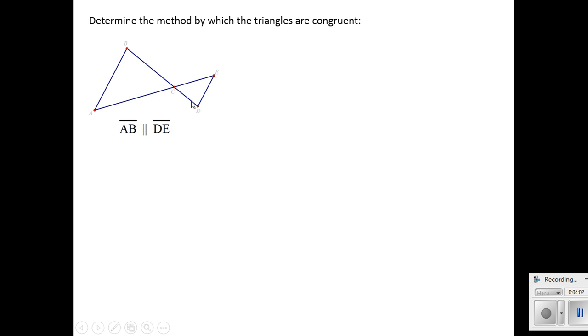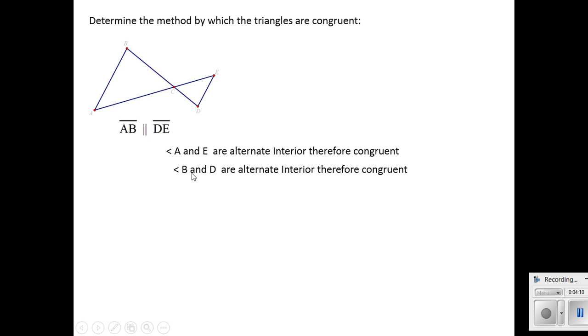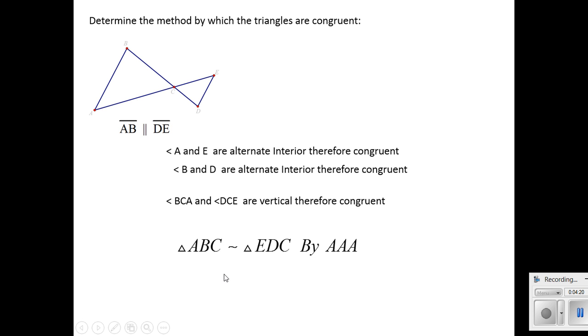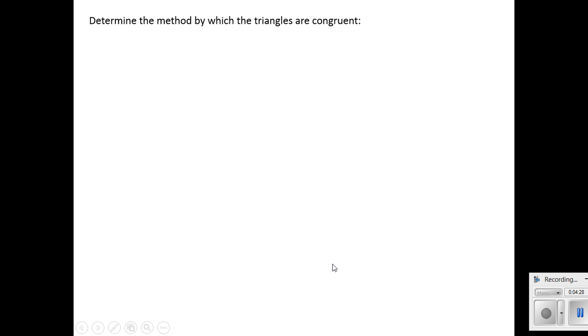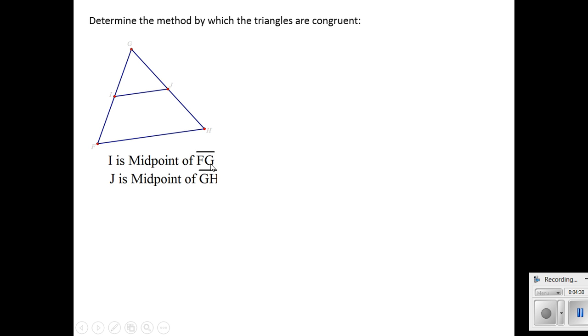Meaning B and D, A and E. Now that's it right there. Because all we need is two. So, you got it. Of course, you could have mentioned that the vertical angle here is not needed. Similarity by AA. You might even call it just by AA. Okay.